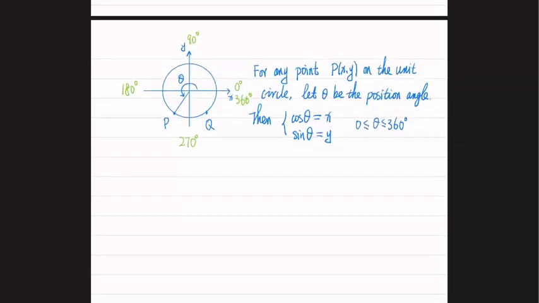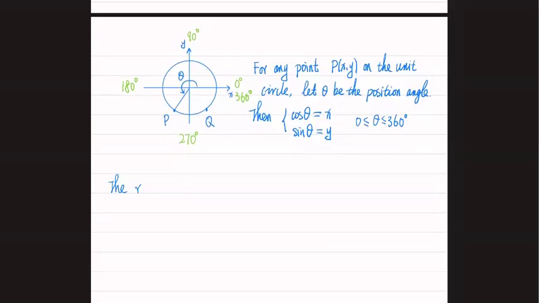So we use angles, but in mathematics, very often we use a different measurement called the radian. It's a different measurement.